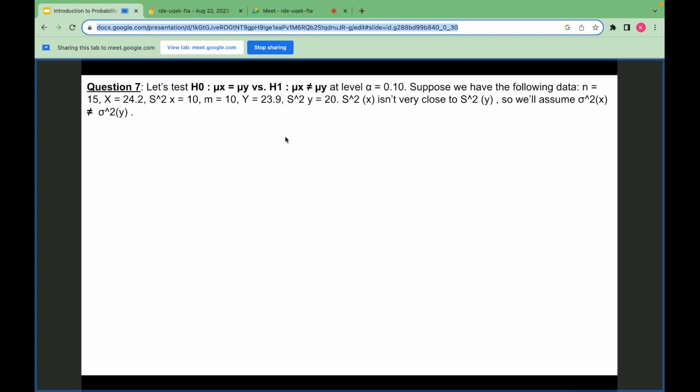Now moving to the next question. Nine determinations of the specific heat of iron had a standard deviation of 0.0086. This is a sample of size 9 and the sample standard deviation is given as 0.0086.